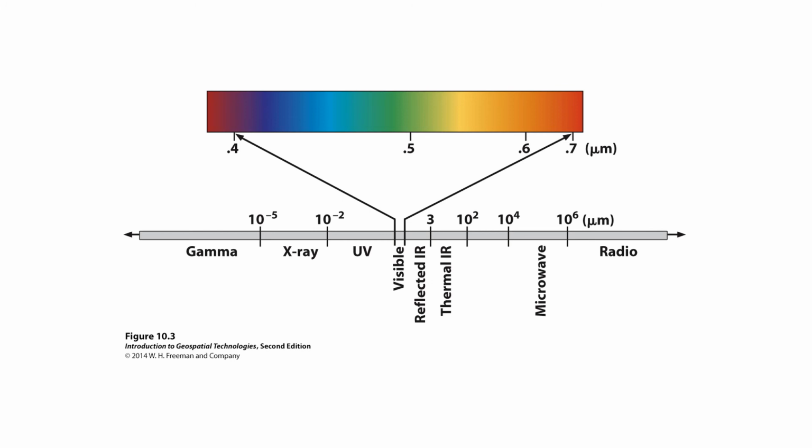Now, from that, we get the electromagnetic spectrum. The part that we can see, the visible light range, is from 0.4 to 0.7 micrometers, and that is where we go from blue to green to red. Below that, gamma, X-rays, and UV. Above that, infrared, thermal, microwave, radio, etc.